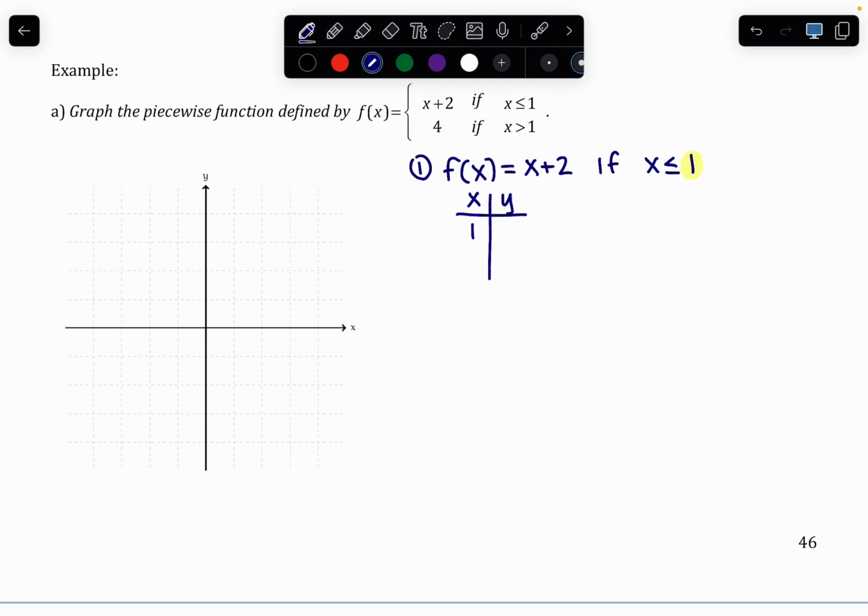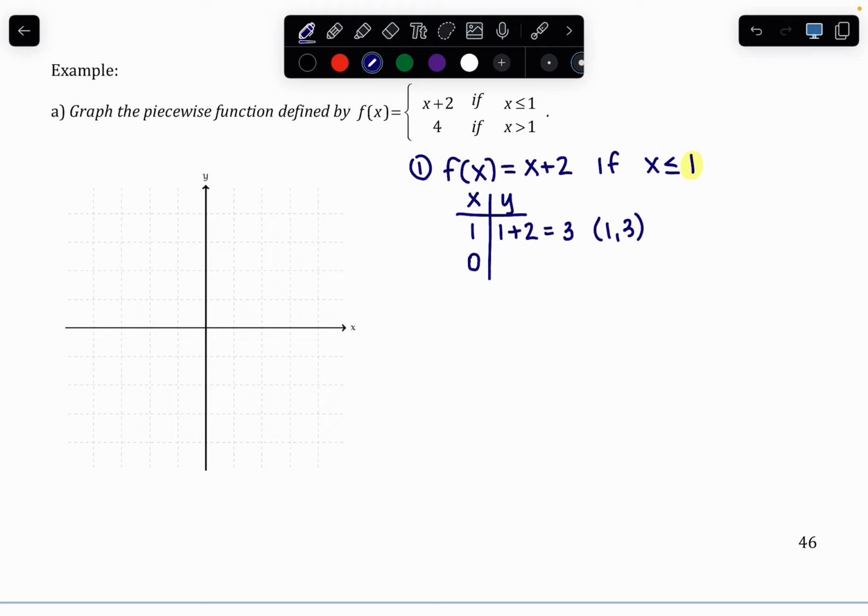What's another number? Negative 1, 0. It doesn't matter. I'm going to use 0. Then we plug into the function. Our function was x plus 2. So we have 1 plus 2, which is 3. So we have the ordered pair 1, 3.